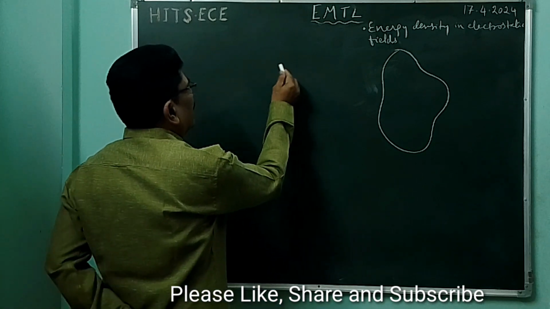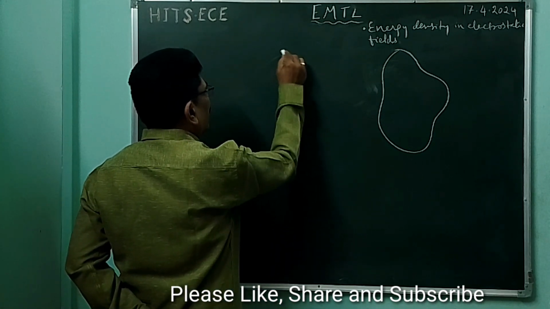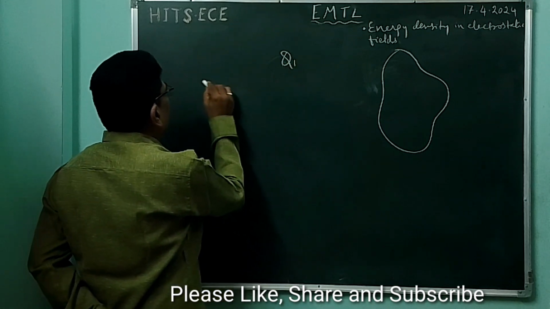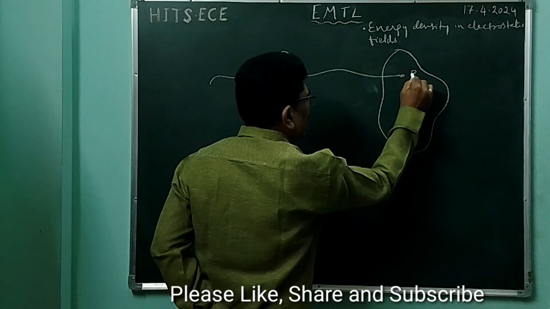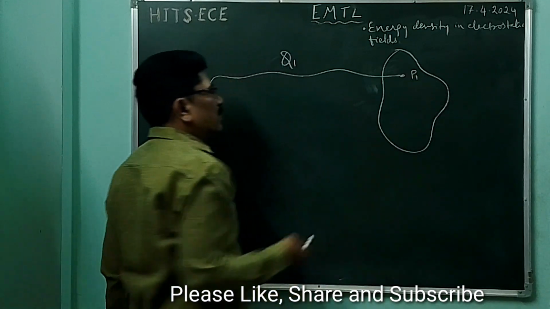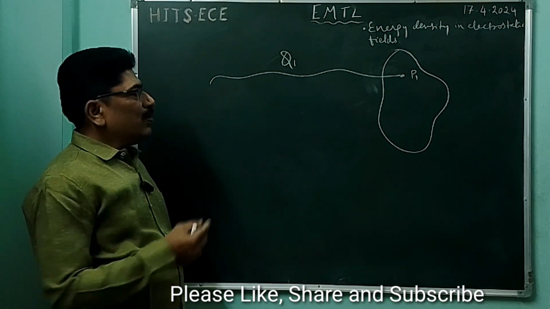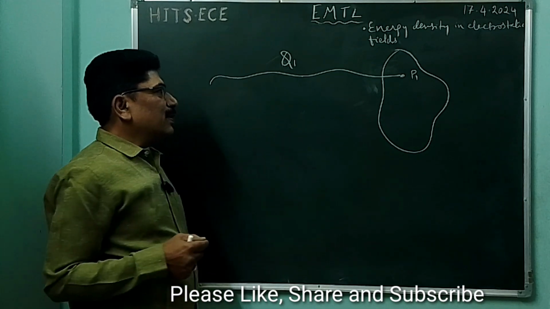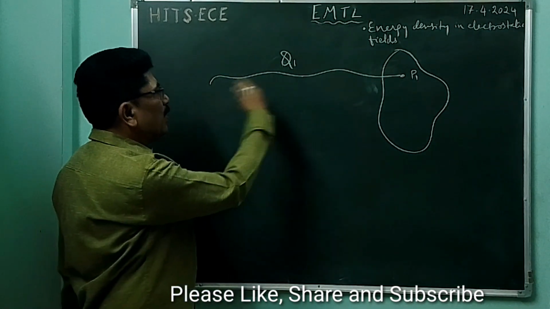Let us consider Q1 first, moving it from infinity to this place P1. Since there is no charge present in the empty space, there won't be any obstruction to Q1. No electric field will be there in the empty space, so Q1 can be easily moved.